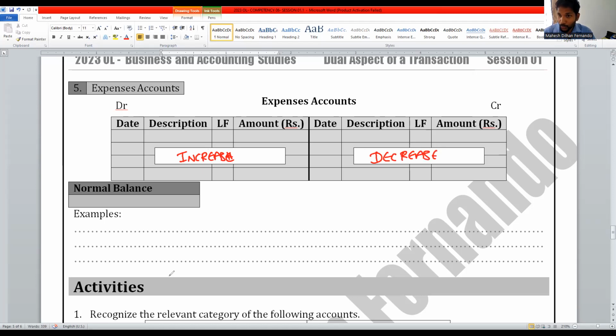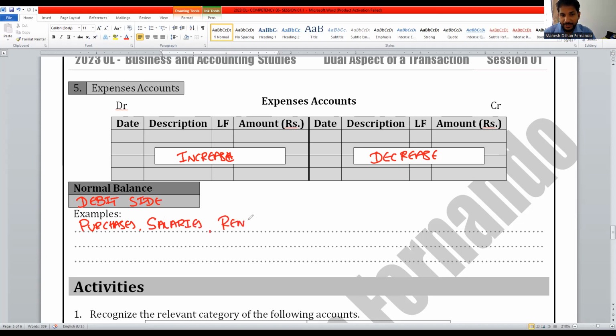Do you know expenses? Normal balance is found in the debit side. And examples. Purchases. Okay. Salaries. Right.